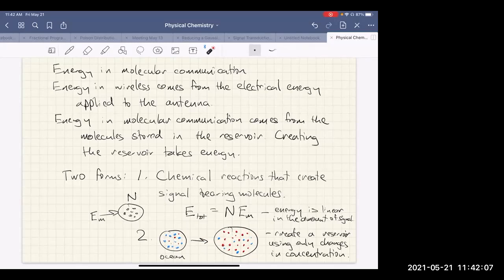It's allowed under the laws of thermodynamics, but it in fact requires energy, just like a refrigerator or an air conditioner requires energy. Anytime you decrease the entropy of the local environment, you have to use energy to do it.